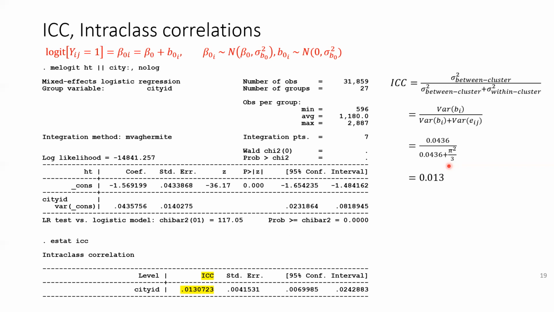And I like comparing them across different sequences of models to see if the model is capturing less or more overall variability. I would mostly use the ICC to see if the between-cluster variances are too small compared to what you would expect for the model, but that's pretty much about it. Because the within-cluster variability here is always fixed to pi squared over 3.